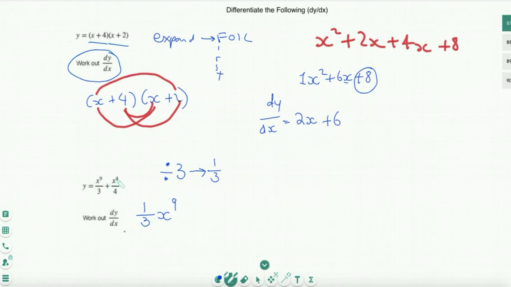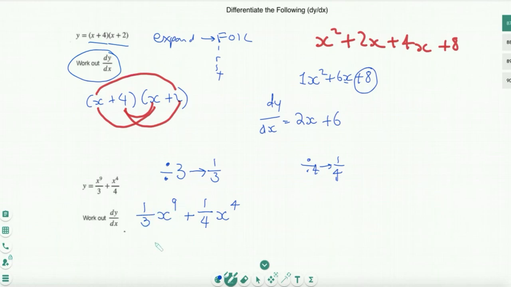And then for the second term, it's x to the power of 4 divided by 4. Dividing something by 4 is also the same as finding a quarter of something. So another way we can say x to the power of 4 divided by 4 is find 1/4 of x to the power of 4. And now we've got rid of those fractions, and now we can just multiply the coefficients by the indice.